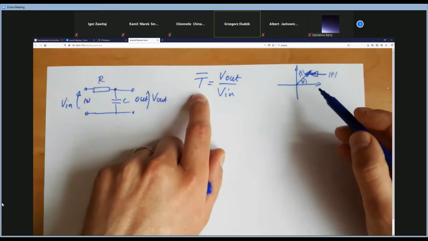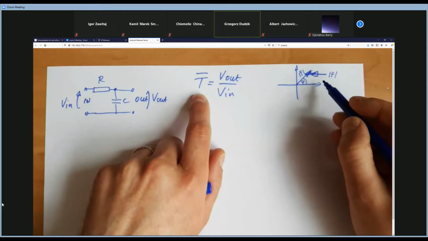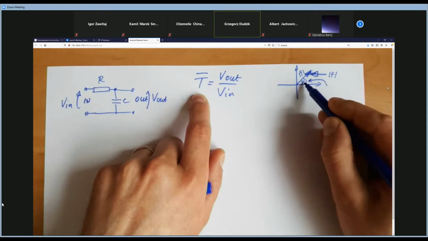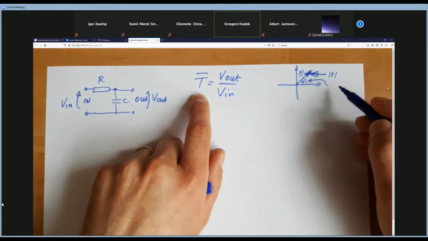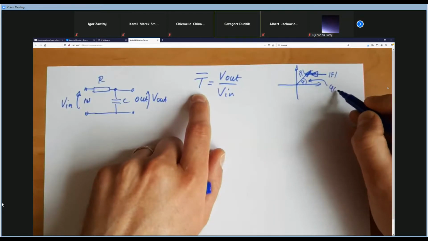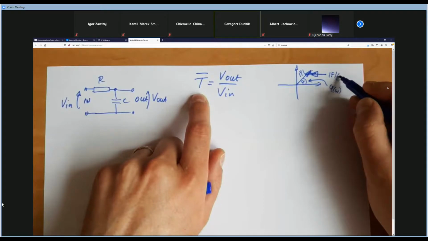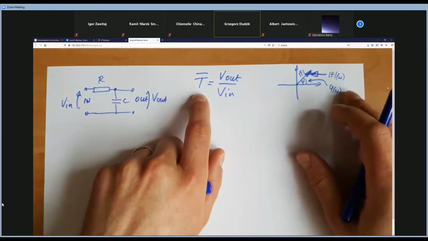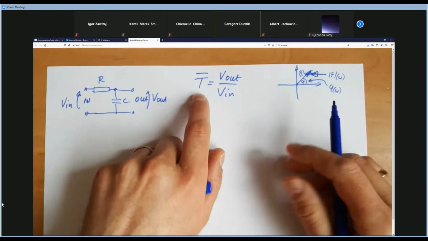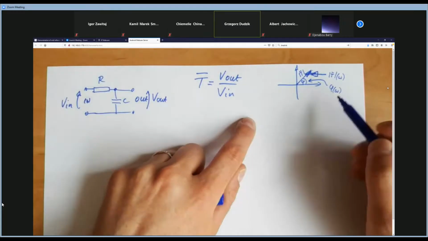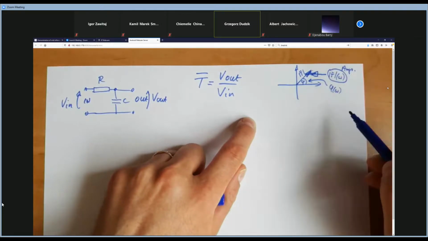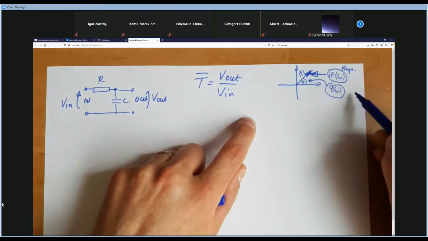And the phase characteristic is hidden in the phi angle. The omega is 2 pi f, so I'm just writing in that form. So that will be the amplitude characteristic, and that is the phase characteristic.